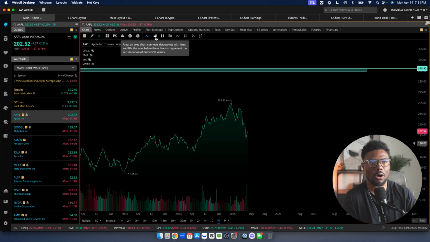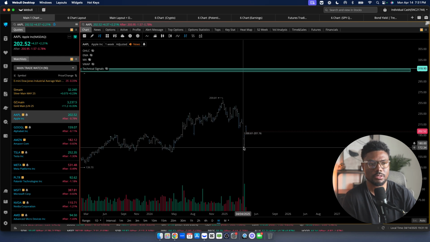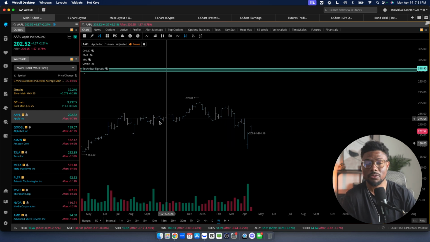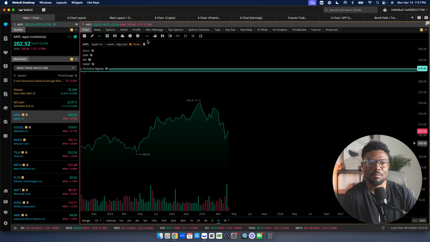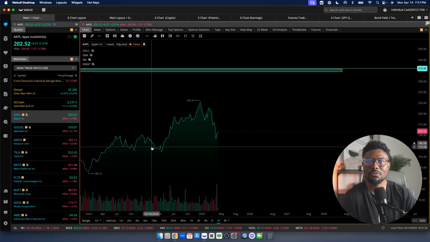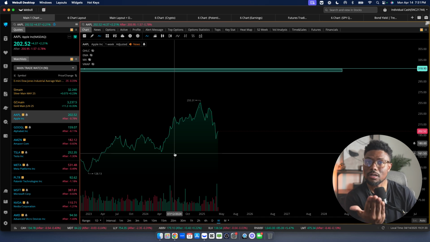So I'll go to a bar just so you can see how that looks. Like that. See the bars. And some of you have never seen this before. You're like, okay, I don't like that. Or maybe you do. But a line chart is probably what most people are familiar with if you look at Google Finance or your Robinhood app and you just see that line going up and down.